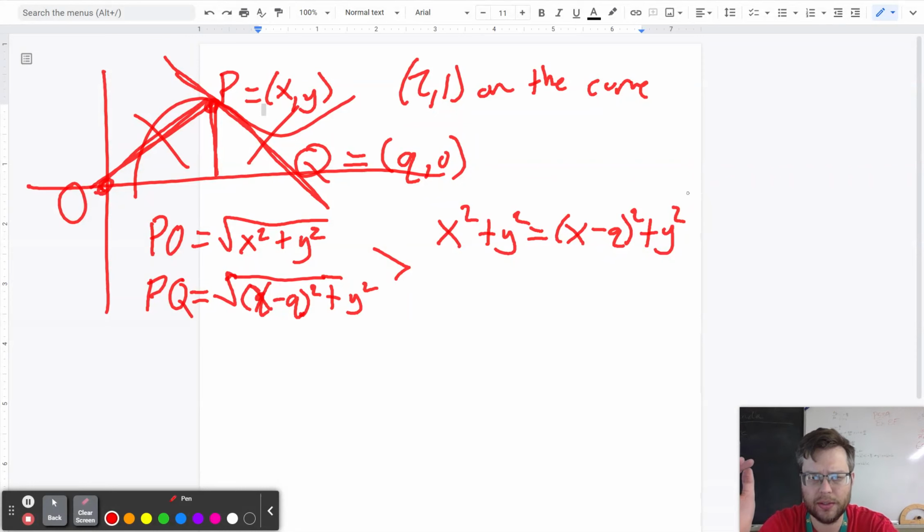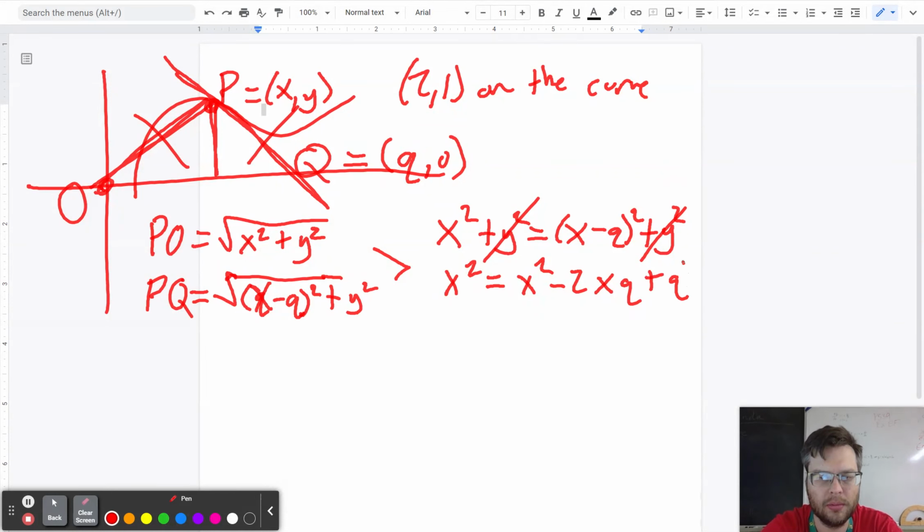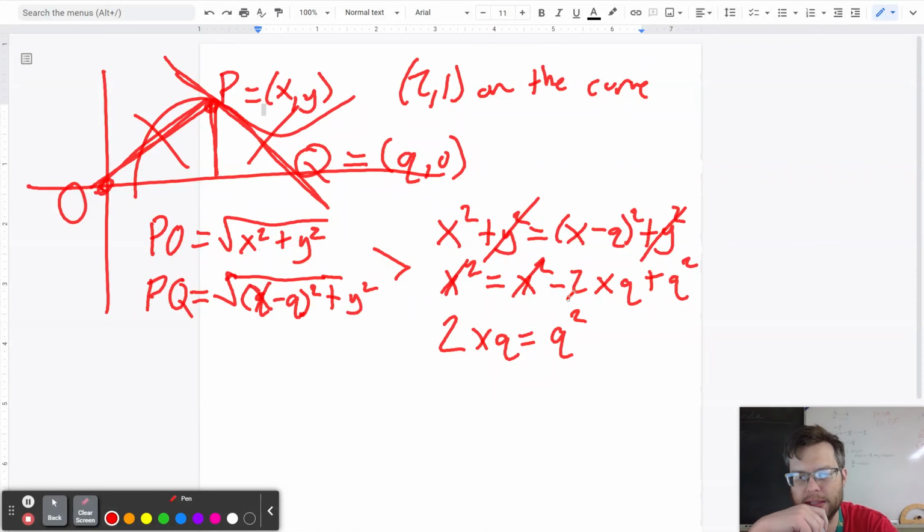And because I can square both sides, that seems pretty nice. And then if we subtract y squared, we're getting somewhere. And so then we have x squared equals x squared minus 2xq plus q squared. We can subtract x squared from both sides and add 2xq. So 2xq is equal to q squared.